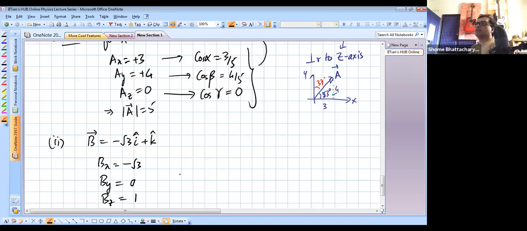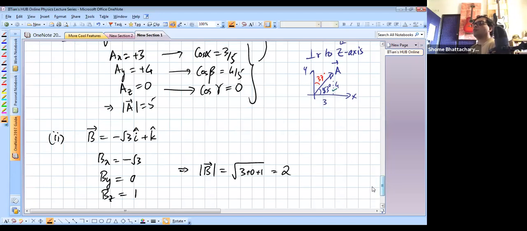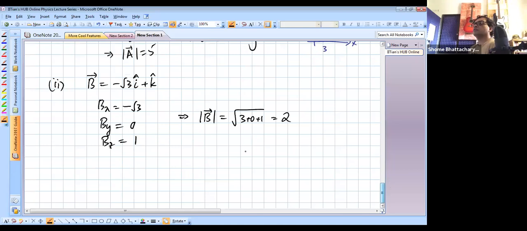So that also means that the magnitude of b is how much? It is root of 3 plus 0 plus 1, that is 2. So now we know from this that cos alpha is bx upon b, which is nothing but minus root 3 by 2. Again, I don't need to apply any inverse trigonometry on that. I can just see that it's a negative quantity, so it's obtuse.